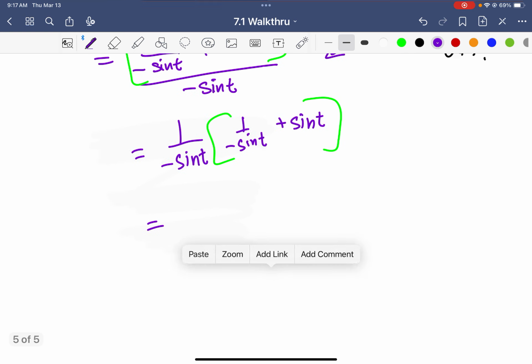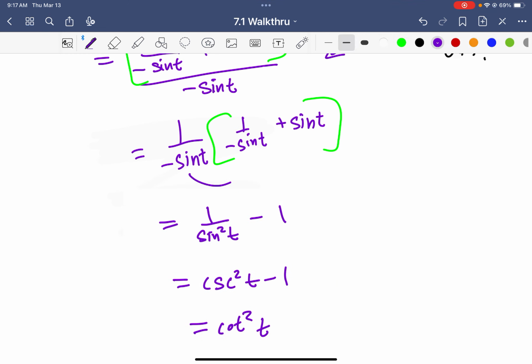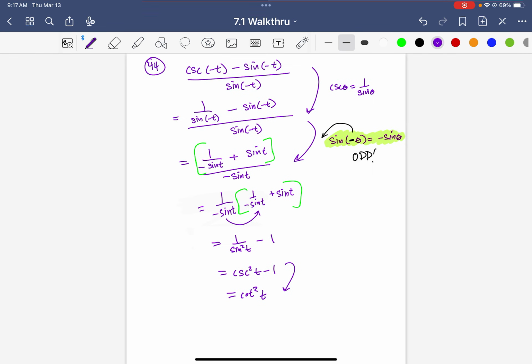And when you do, what's going to happen is that this times this gives you negative sine squared t, and this times this gives you negative 1. But then 1 over sine squared is cosecant squared, and cosecant squared minus 1 is cotangent squared, and there was much rejoicing.